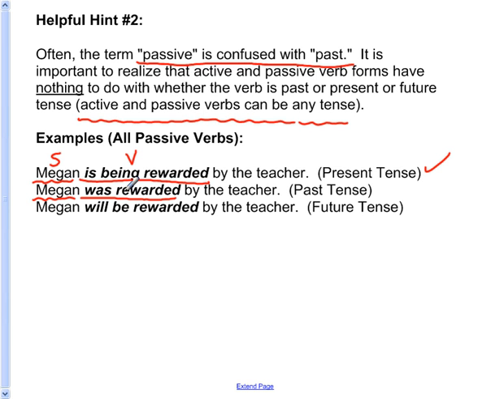So again, was rewarded is a passive verb, and it's a passive verb in the past tense. And in the third example, the passive verb will be rewarded with Megan as the subject. The passive verb will be rewarded is in future tense. So again, to reiterate, passive should not be confused with the term past, because a passive verb can be present tense, past tense, or future tense.